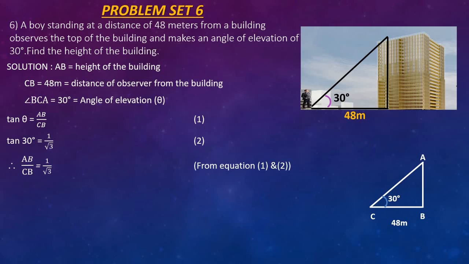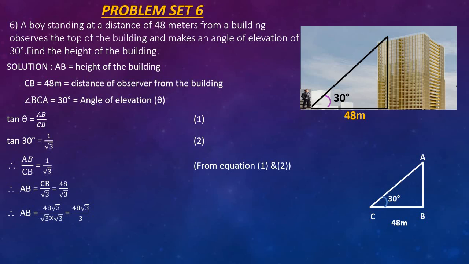From equations 1 and 2 we get AB upon CB is equal to 1 upon root 3. Therefore AB is equal to CB upon root 3, which is 48 upon root 3, where 48 is the distance of the boy from the building, given in the question. Further, we multiply by root 3 in numerator and denominator to get rid of root 3 in the denominator.